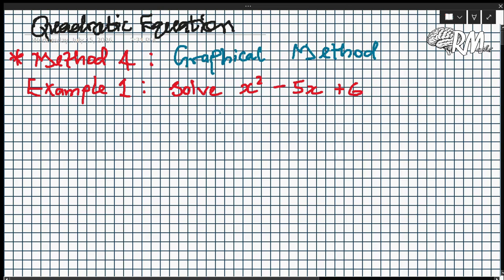We say solve x squared minus 5x plus 6. I hope you can see it clear. Solution. We are going to equate this our question to y. So it means I'm going to have y equals x squared minus 5x plus 6.